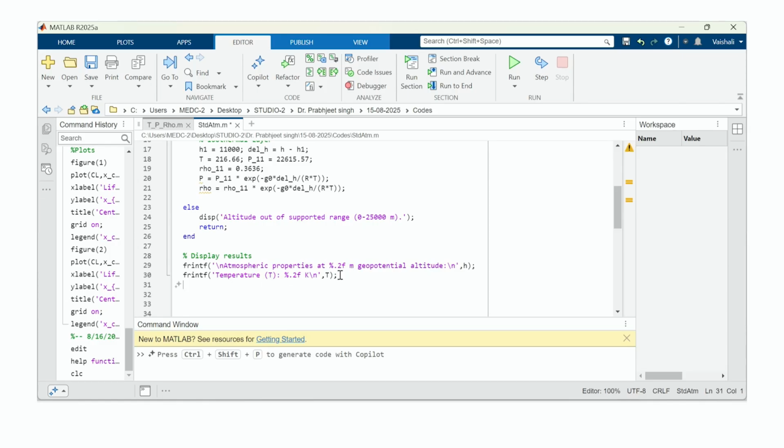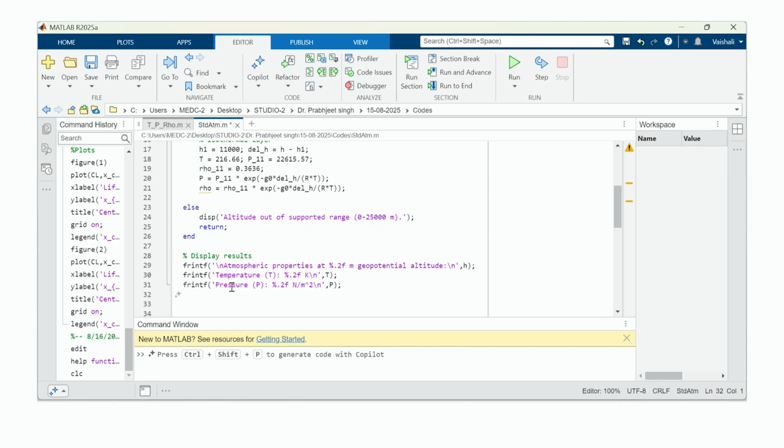Similarly, temperature we are done. Next write pressure. Pressure is P, percent 0.2f. This is Newton per meter square, not in Kelvin. So this is pressure.